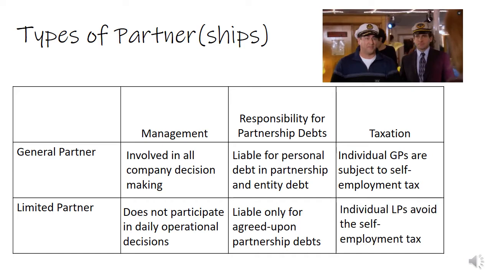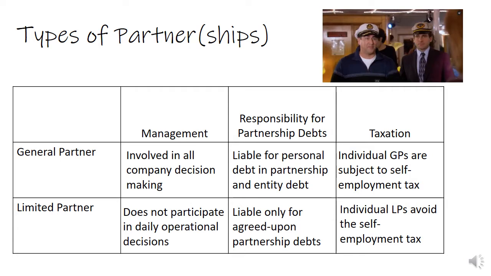A limited partner is not. Accordingly, the IRS tends to be skeptical of limited partners who quack like a duck, walk like a duck, and act like general partners. Now, what makes the difference between some of these popular partnership forms?